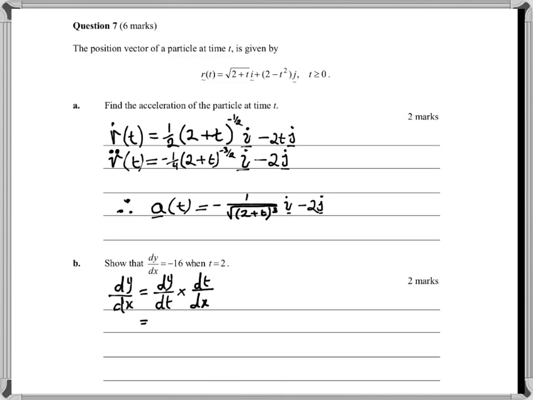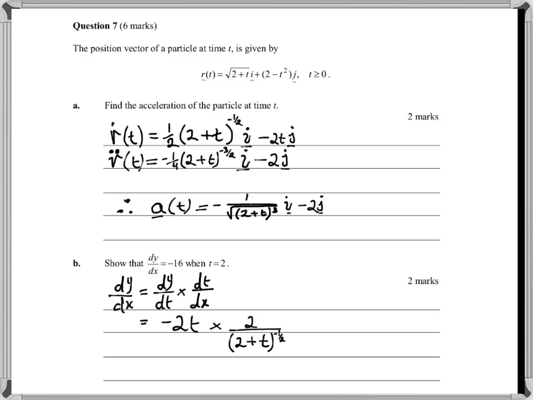We can take those derivatives straight from the work we did in part A. dy/dt is the derivative of the y expression, which is in the j component: 2 minus t squared is y of t. If we differentiate that, dy/dt, we get negative 2t.